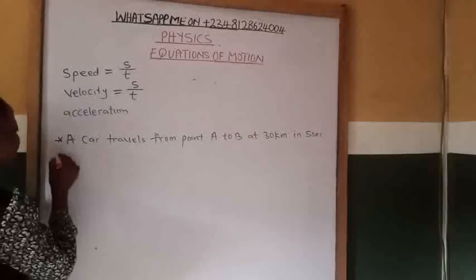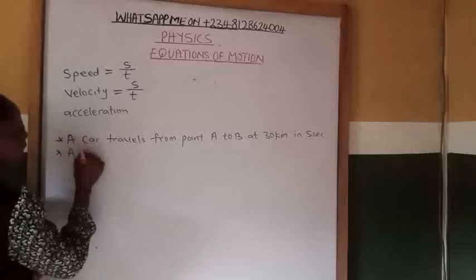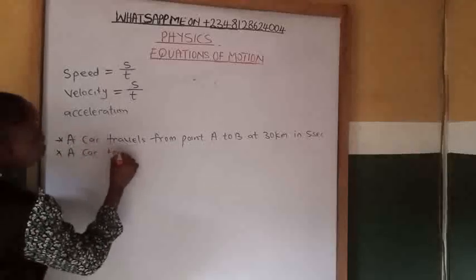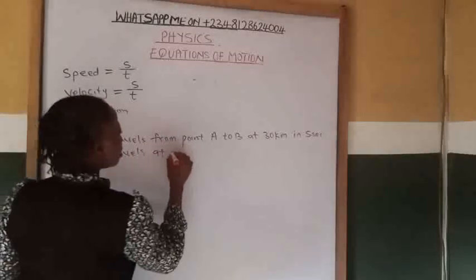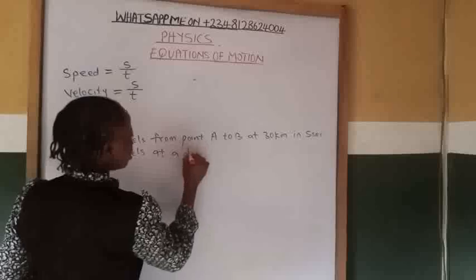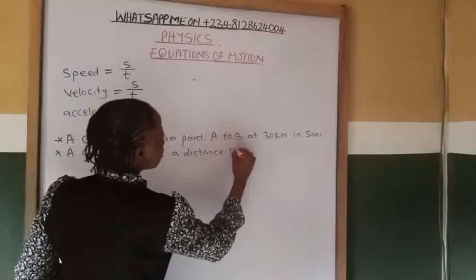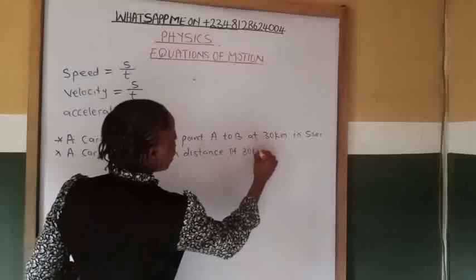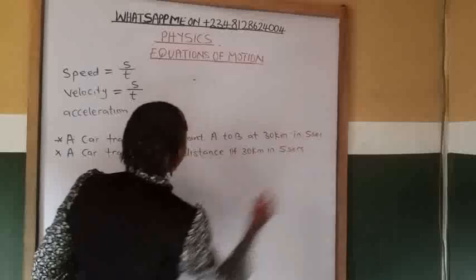Let's look at another statement. A car travels at a distance of 30 kilometers in 5 seconds.